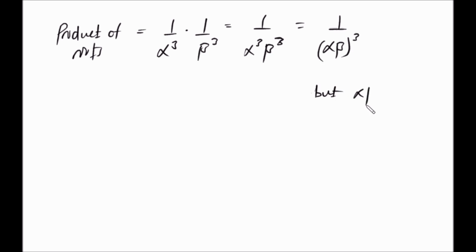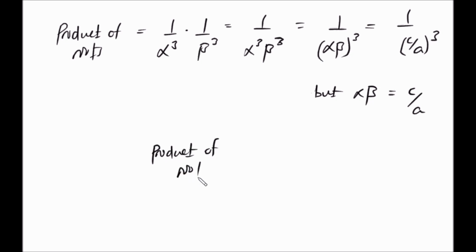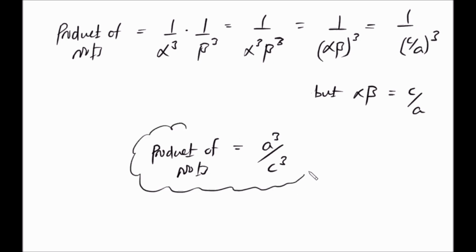But alpha beta tulisema nini? Ni c over a. Kwa hiyo ni sana 1 over c over a cube. Kwa hiyo product of roots itakuwaje? Product of roots itakuwa sana a cube over c cube. Yeah, hapa. So this is product of roots.